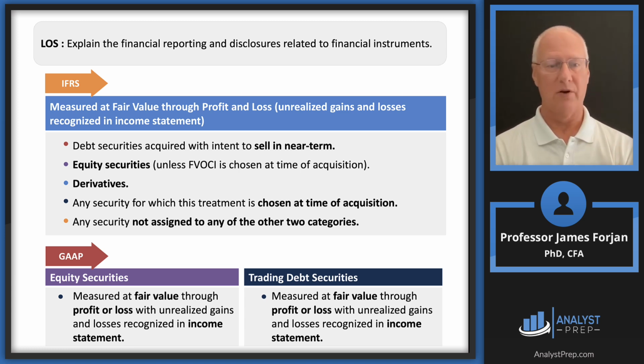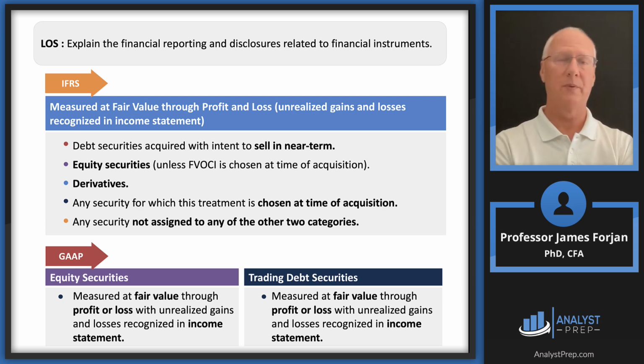For the equity securities, there's fair value, profit and loss. That should make perfect sense on the income statement. But the trading debt securities are going to be measured at fair value with that same kind of process. So GAAP says there's really no difference between the equity and the debt.